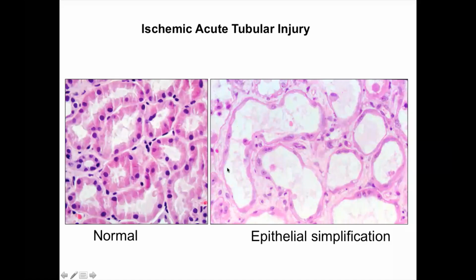Like we said, they kind of go hand in hand. There will be interstitial nephritis and a small element of acute tubular injury, or there will be acute tubular injury and a small element of interstitial nephritis. So they go hand in hand.